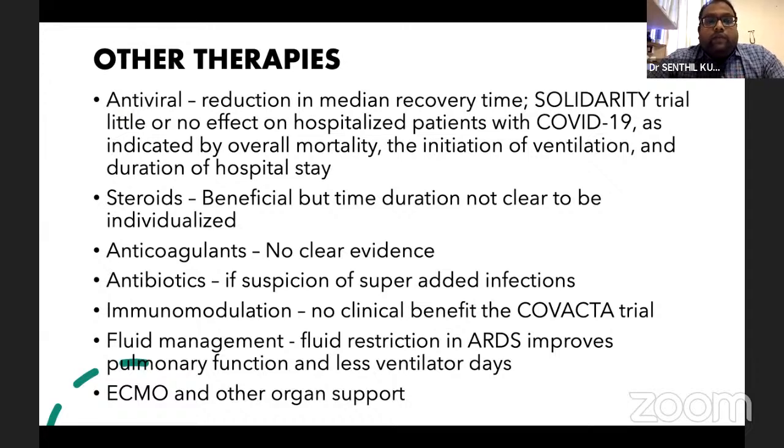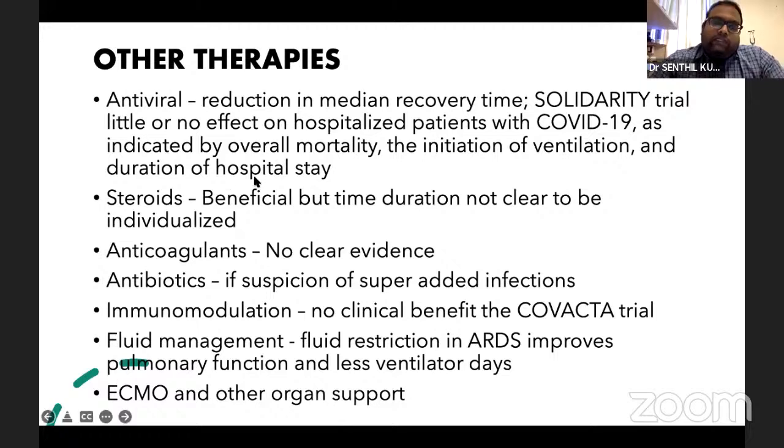Steroids are beneficial, but when to start steroids and how long they should be continued is not clear. The evidence is not clear, but it has to be individualized according to the patient, like when you are receiving the patient, at what stage the patient is in. But many studies have clearly shown that the role of steroids is beneficial when oxygenation therapy is required.